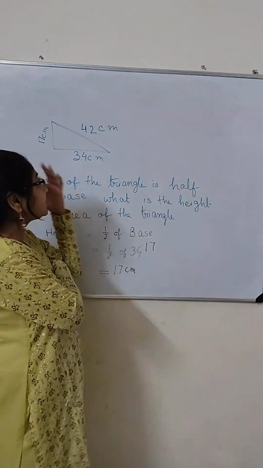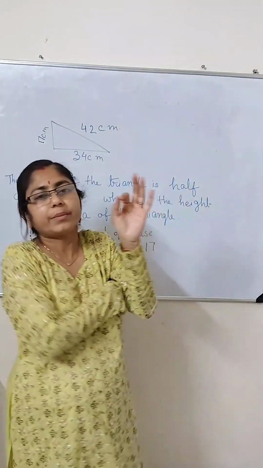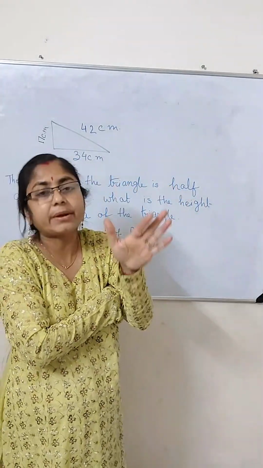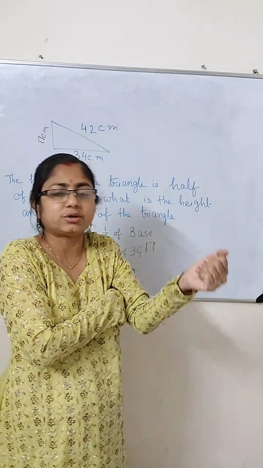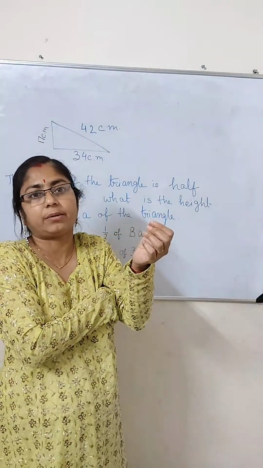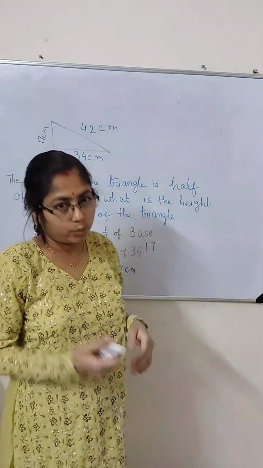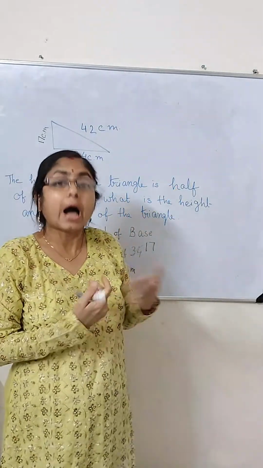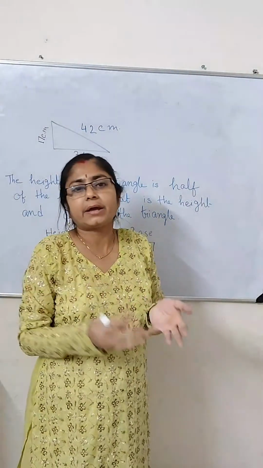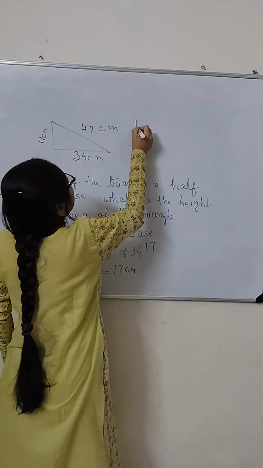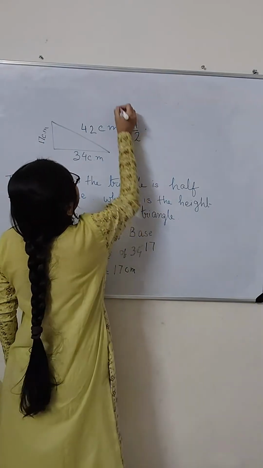Because now you know the 3 sides, so you can find out the perimeter, the semi-perimeter, and put into Heron's formula. It is also applicable for that math also. No tension. But if you know the height, you just apply the normal formula.